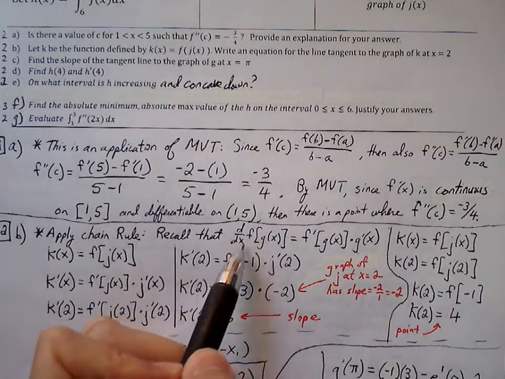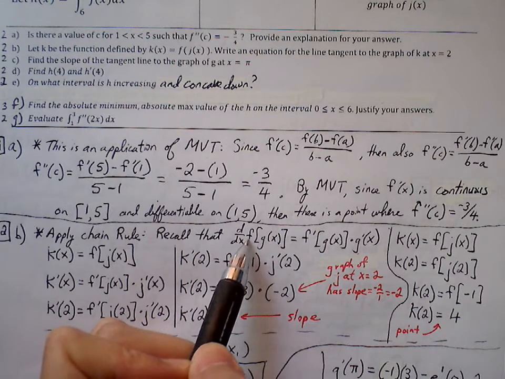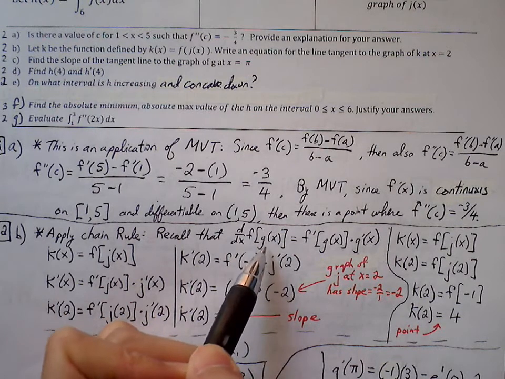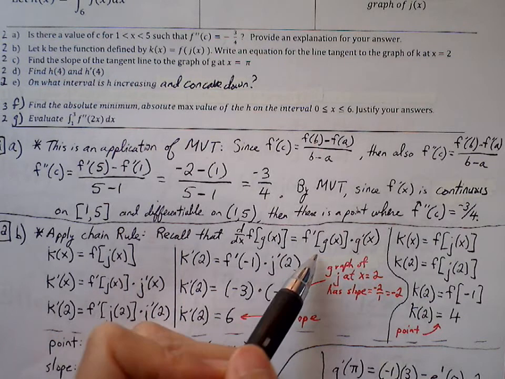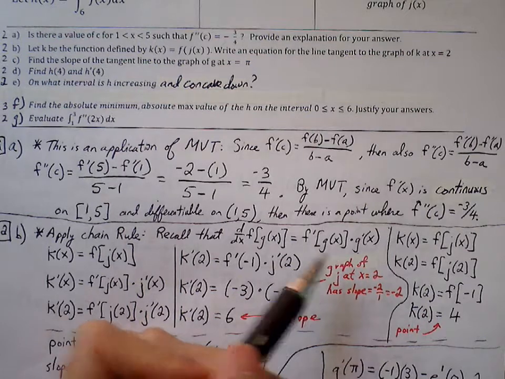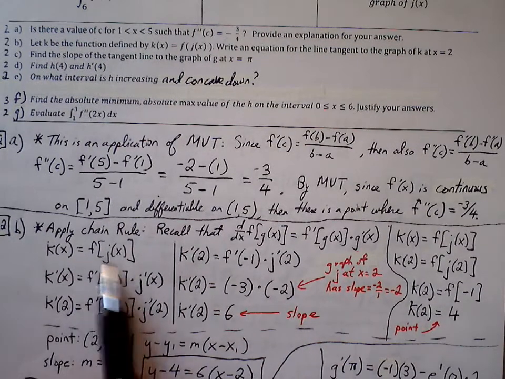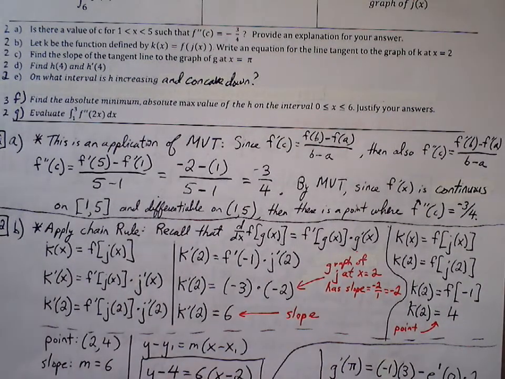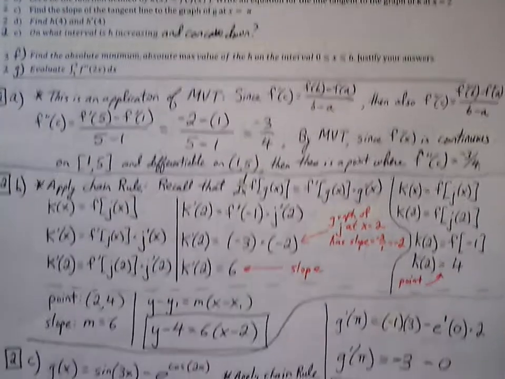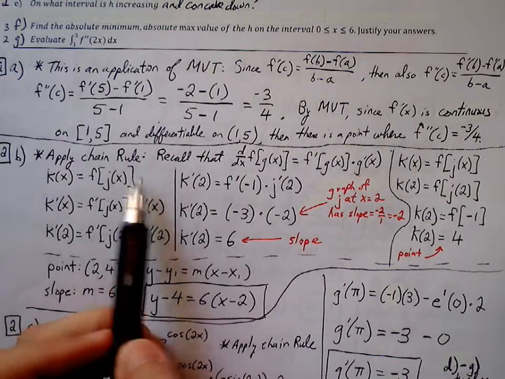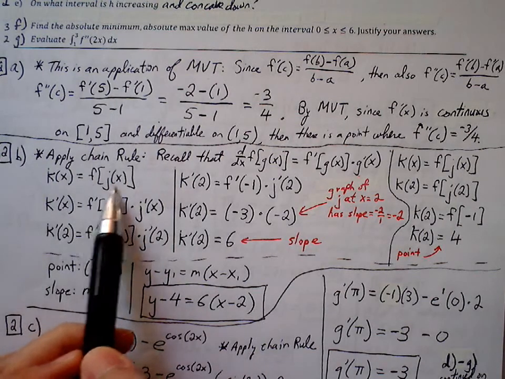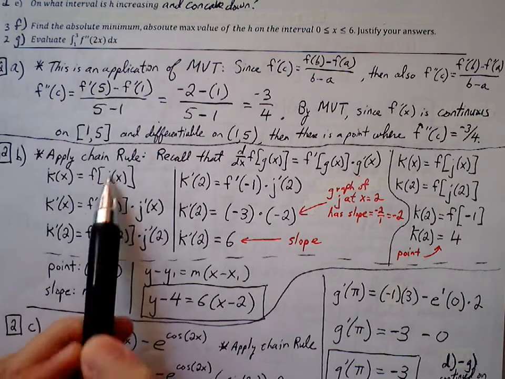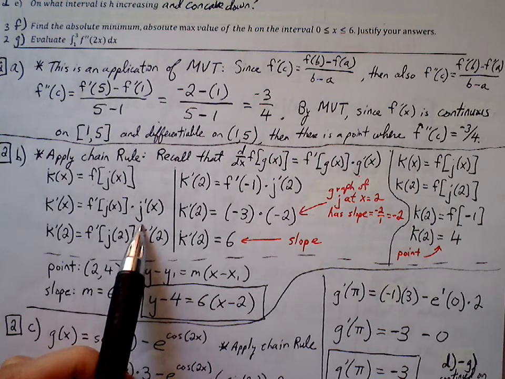So if we recall chain rule being outside function and inside function involved, we take turns with each of their derivatives. We take the outside function's derivative first, followed by the inside function's derivative. So let's adapt this for this particular problem. So f of j of x, chain rule here, we do the outside derivative, so f prime of j of x times the inside function's derivative, j prime.